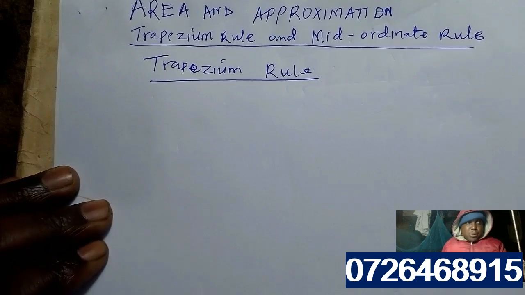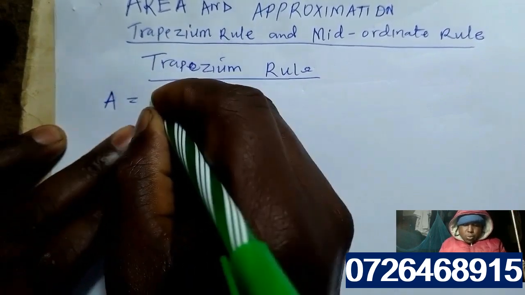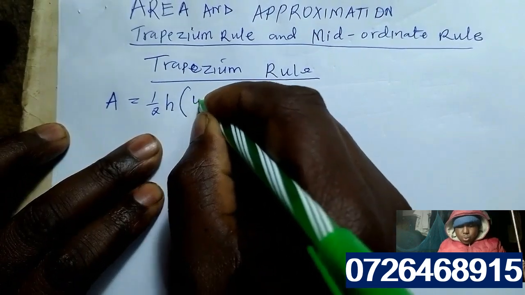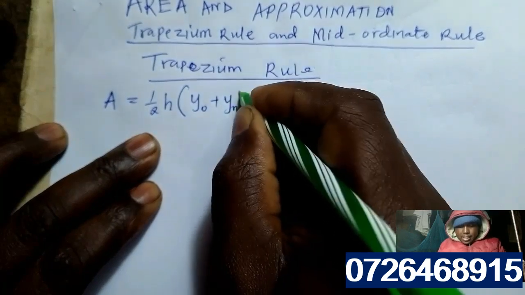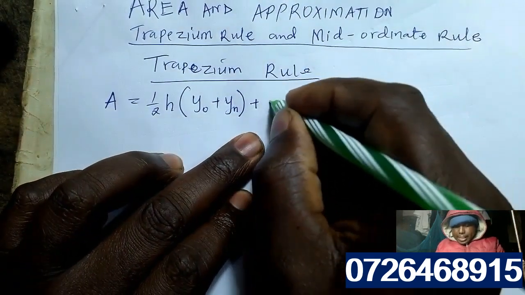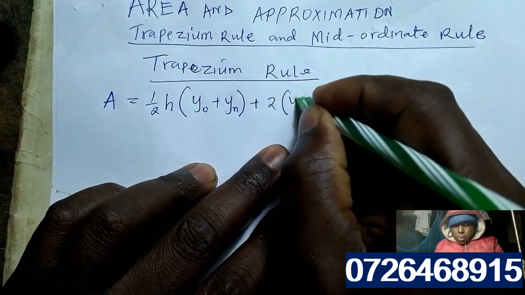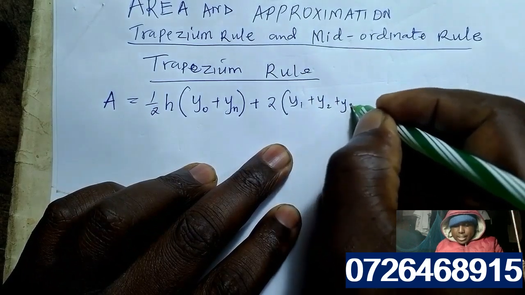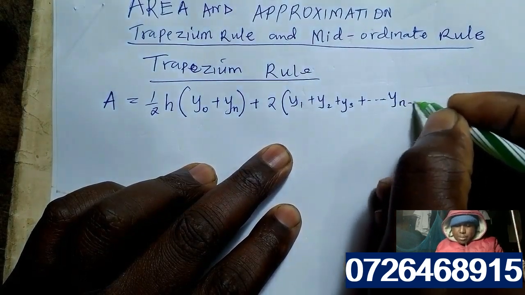How does the trapezium rule state? The area using the trapezium rule is equal to a half h into (y naught plus yn), you close the bracket, plus 2 into (y1 plus y2 plus y3 plus and so on up to y is equal to n minus 1).